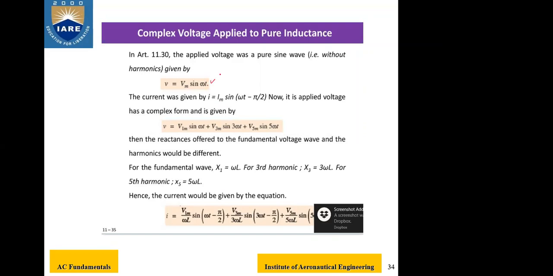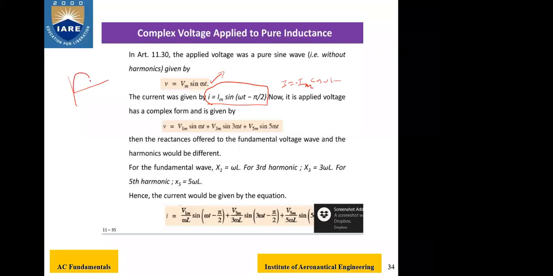This is the given voltage waveform. The current we are getting is I is equal to Im minus cos omega t. So instead of minus cos, we can write sin omega t minus pi by 2.